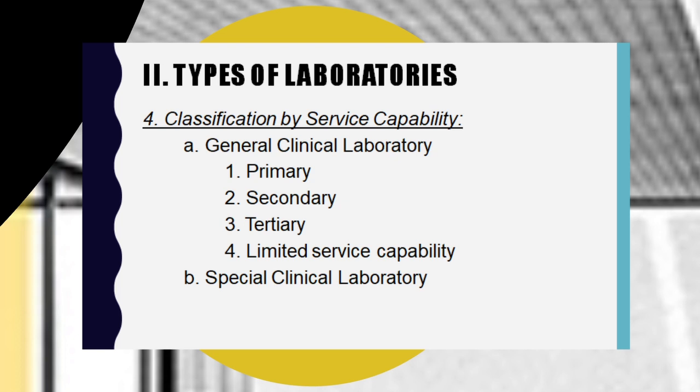This is for institution-based laboratory only, where lab tests are required for a particular service such as in dialysis or social hygiene clinics. And another type of laboratory is the special clinical laboratory.